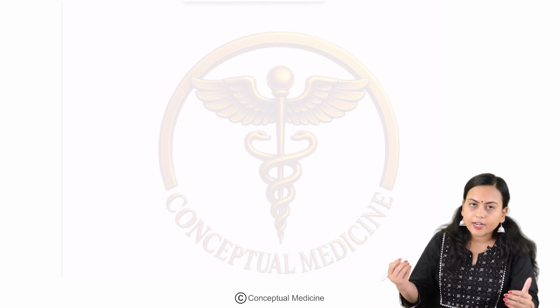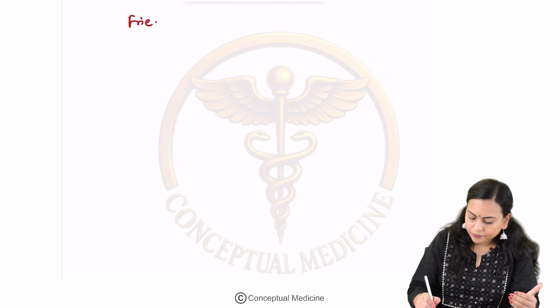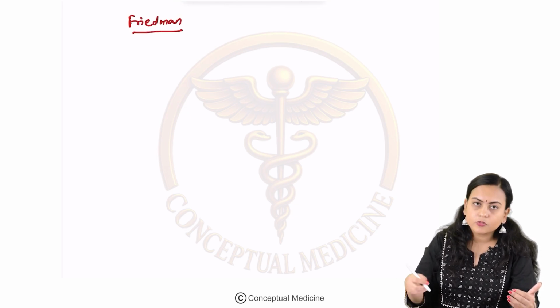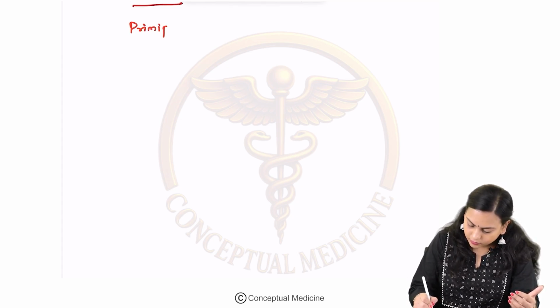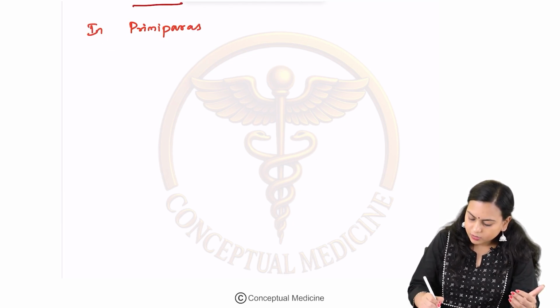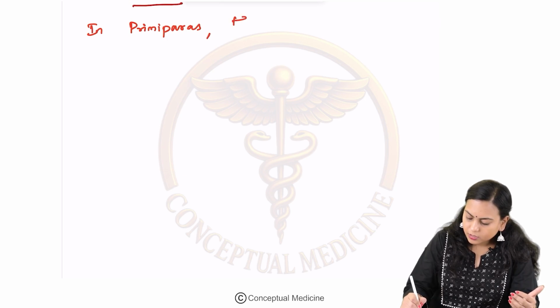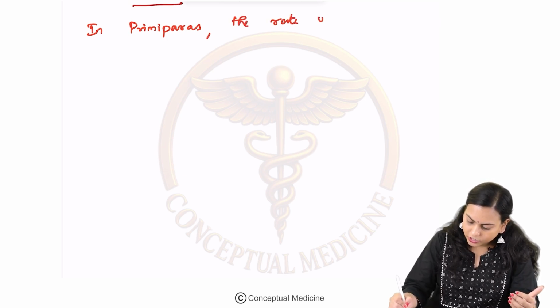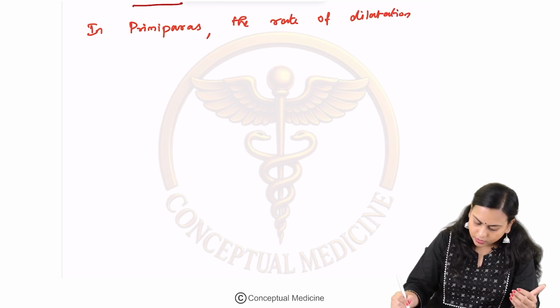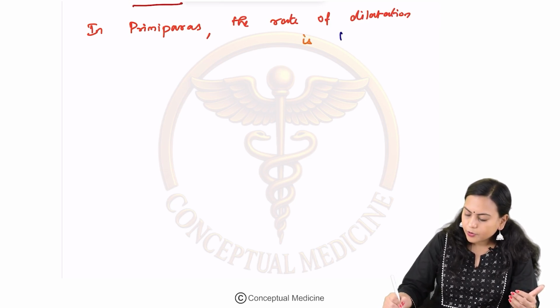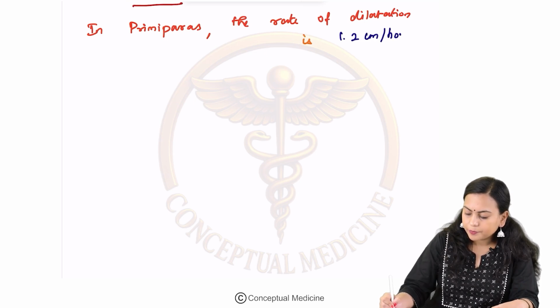According to Friedman, who is the person who invented partograph, the rate of dilatation in primiparas is 1.2 centimeter per hour.